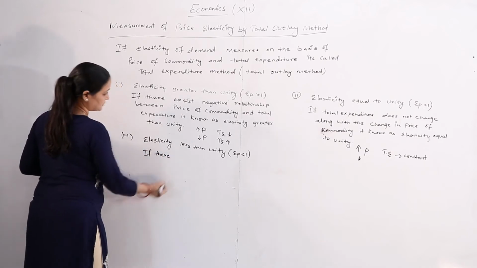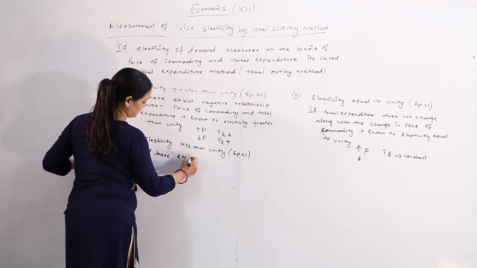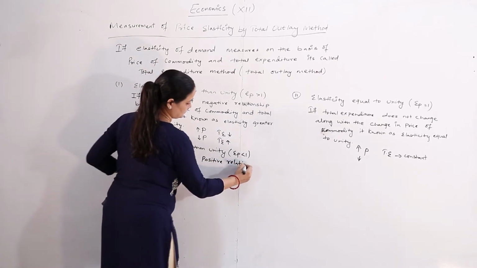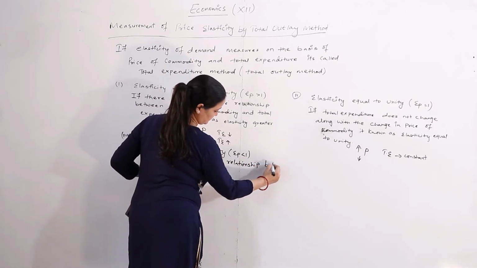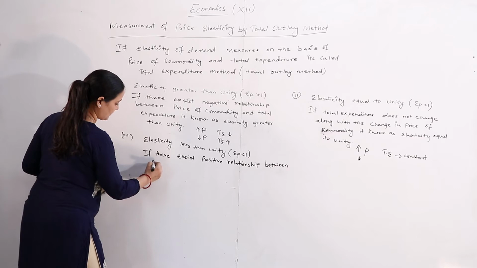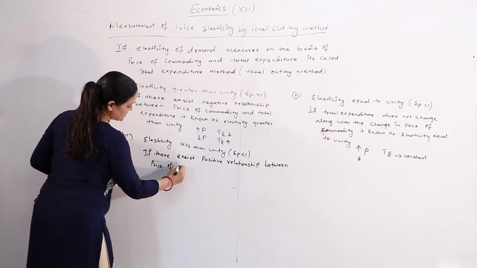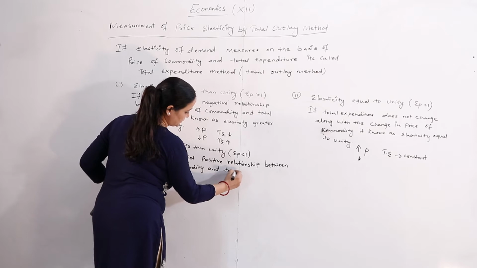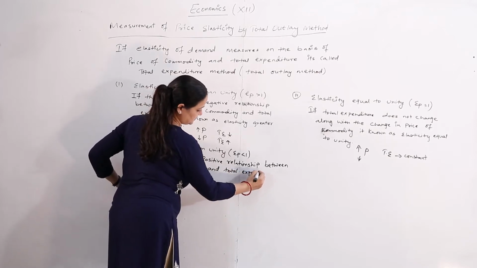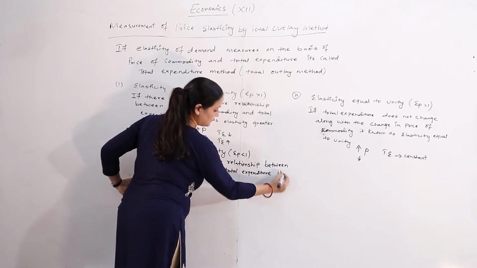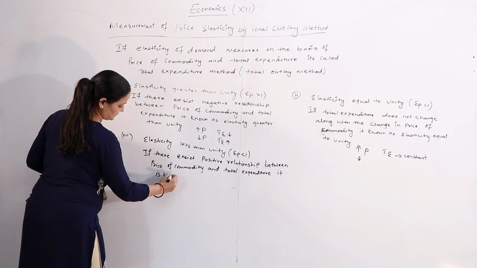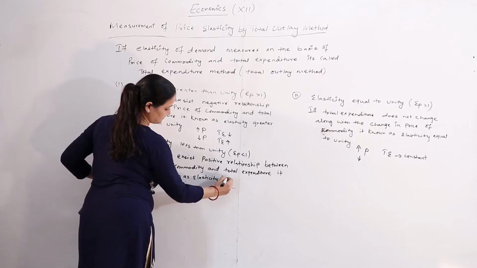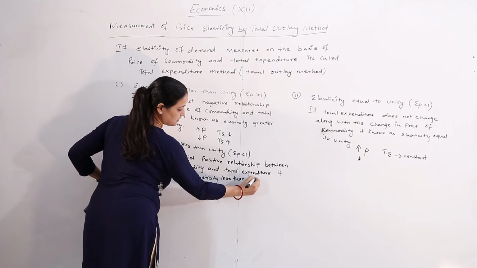If there exists a positive relation between price of commodity and total expenditure, it is known as elasticity less than unity.